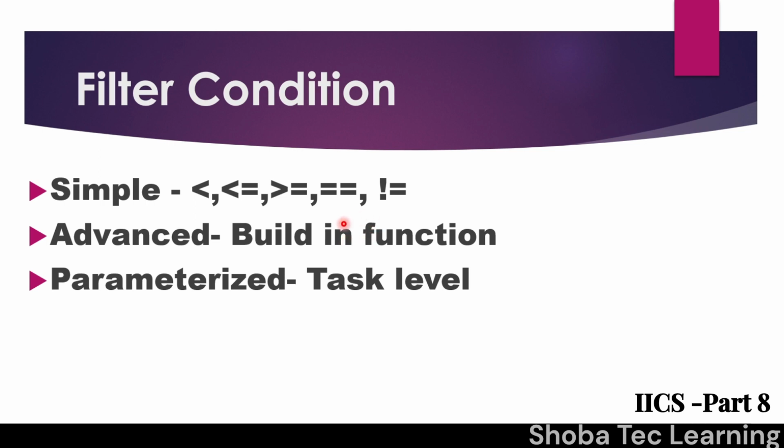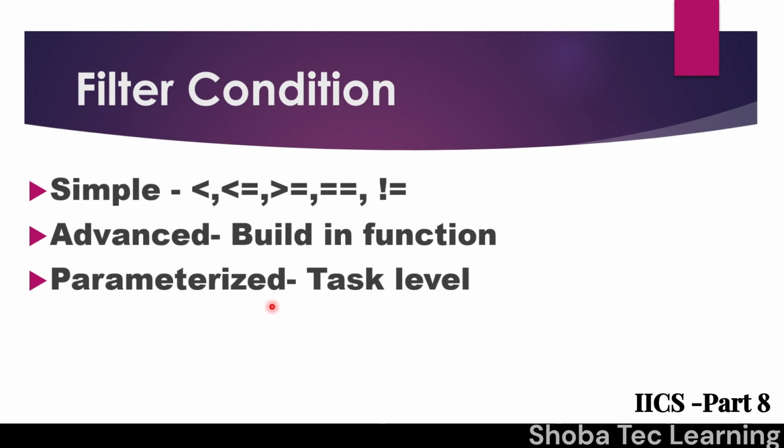Parameterized conditions are for when you want to give the condition at runtime, at task level. We will see parameterized conditions in upcoming sessions. Today we will discuss simple and advanced.